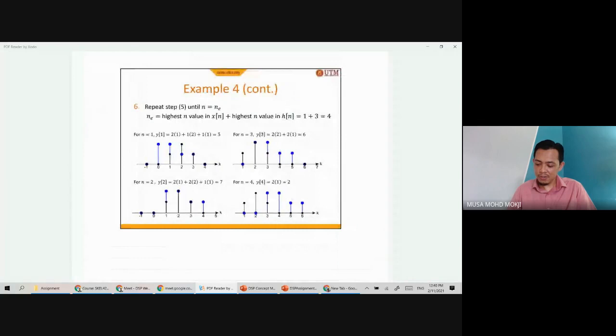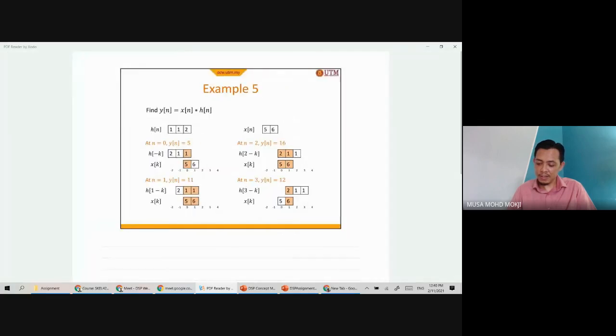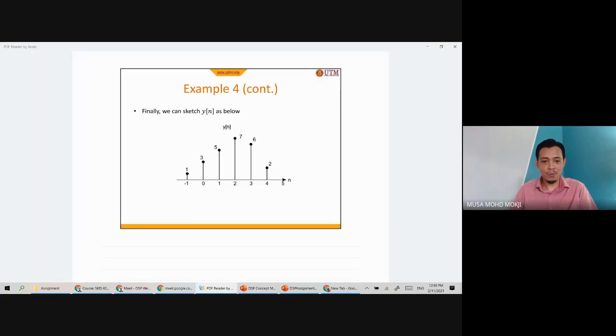So in this slide, we have several examples on convolution, presented from a few perspectives. If you are interested in understanding more, you can look into the examples. But worst case, if you are lazy enough, you just do the shortcut method.